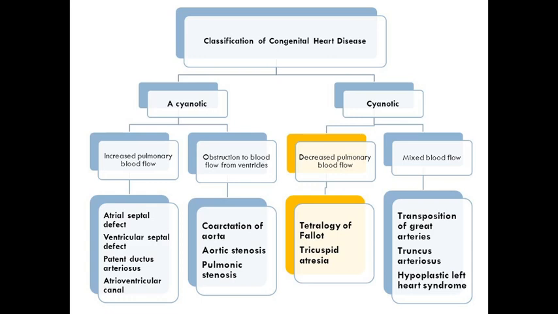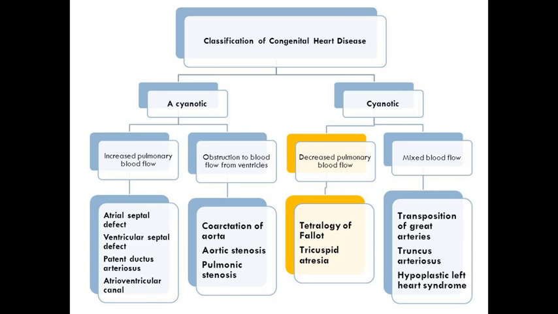So in some congenital malformations of the heart, your oxygenated and deoxygenated blood may mix. If they mix, the deoxygenated blood will give rise to increased carbon dioxide in the blood.